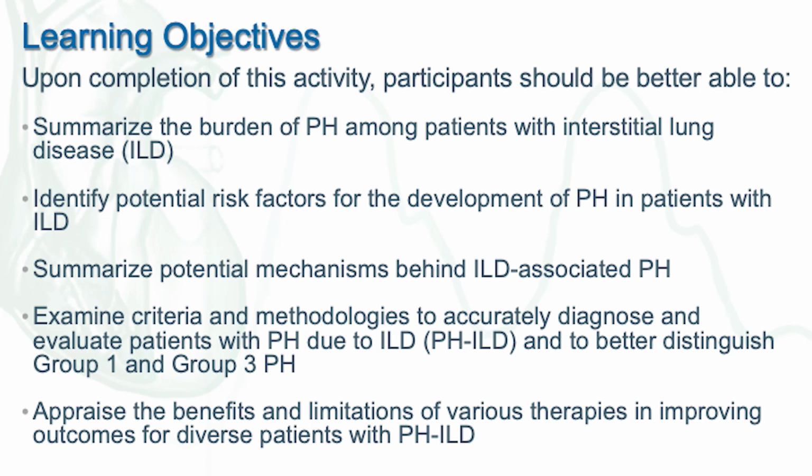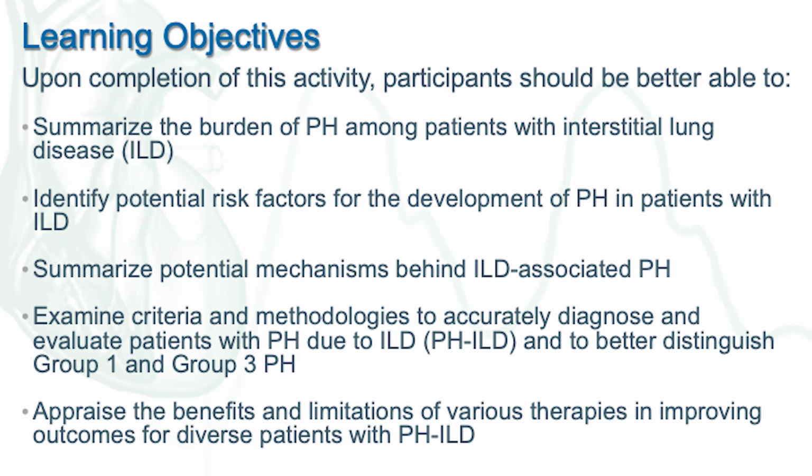Today we're going to talk about the burden of pulmonary hypertension in interstitial lung disease. This is not a good thing to have. We'll talk about some risk factors so that you can better identify these patients. Until recently, there was nothing we could do about these patients, so we didn't even really want to look for pulmonary hypertension because maybe we could transplant them, but there was nothing to do. But now we have an opportunity to maybe help these patients. We'll talk a little bit about these mechanisms.